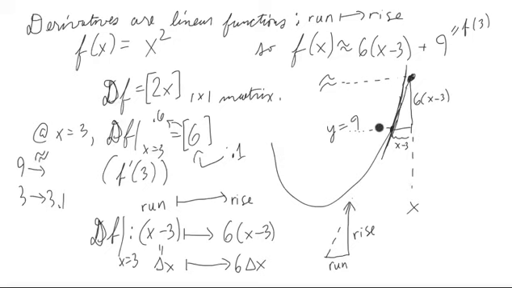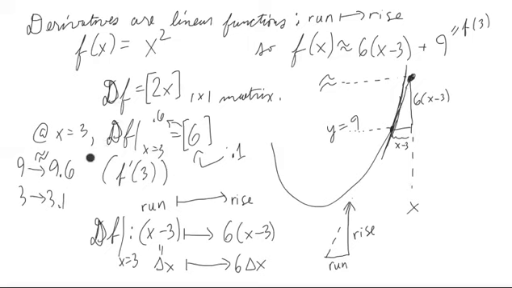So we're assuming that the function's behaving like a straight line, like a linear transformation shifted from a point. That's really what a derivative is. It's just pretending that a function is the same thing as a shifted linear transformation. Okay, so the rise we said would be 0.6. So that means it will be approximately 9.6 using this linear approximation right here.